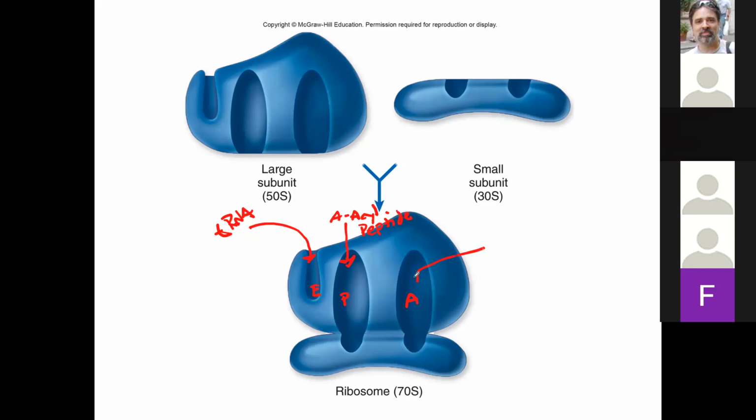And what goes here is the aminoacyl transfer RNA. And the direction of travel is this way, from what's called the 5' or the start of the message to the 3' or the end of the message. We'll learn more about translation in a bit.